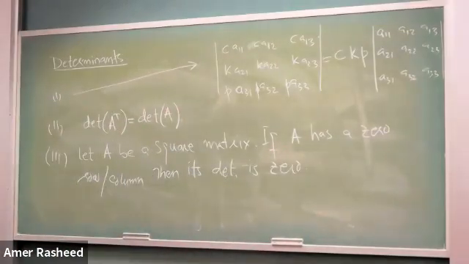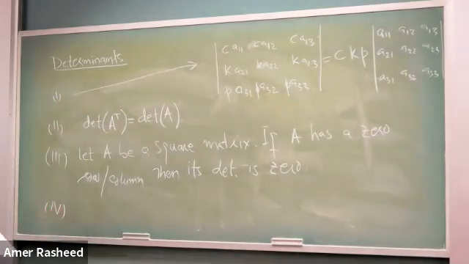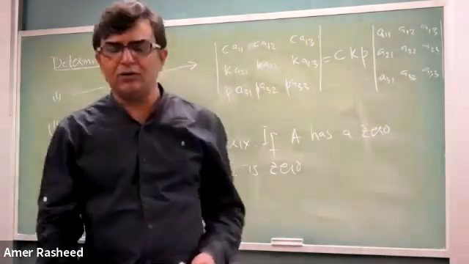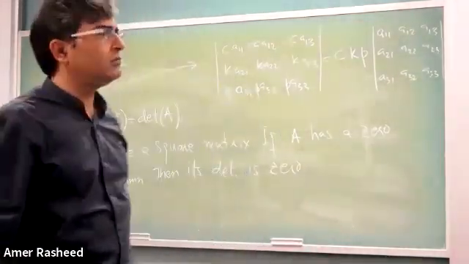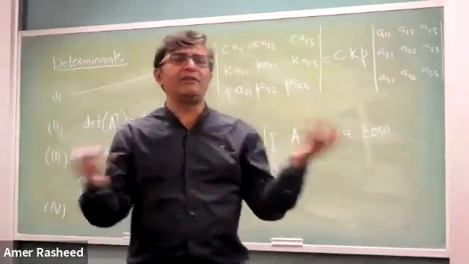Why this is so? अगर किसी भी matrix में कोई एक row या कोई एक column 0 है तो उसका determinant 0 होगा. क्यों? उसके हर cofactor expansion के हर element के अंदर 0 आ जाएगा. Cofactor expansion उसकी उस row के respect से करेंगे तो obviously सब कुछ 0 ही होगा.